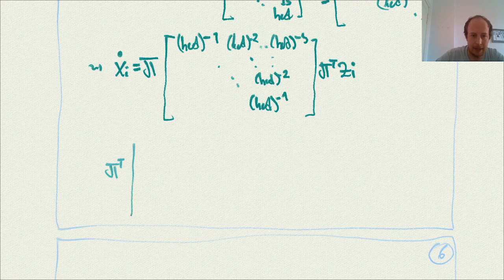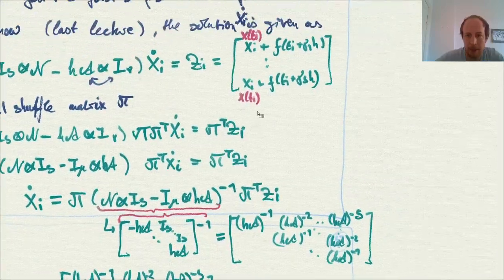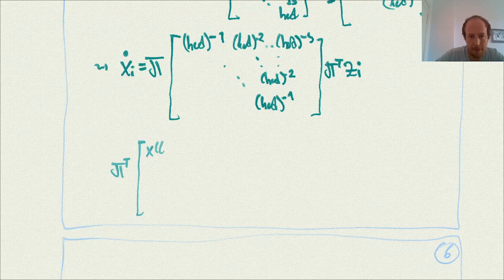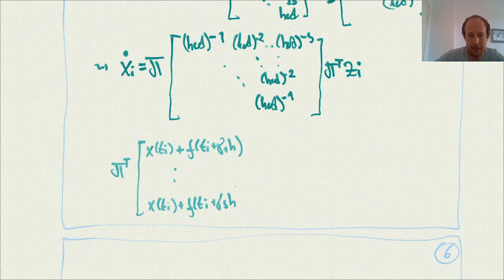P^T Z_i is basically, why do we have the Z_i here? X of t_i plus F of t_i plus gamma_1 h, up to X of t_i plus F of t_i plus gamma_s h.